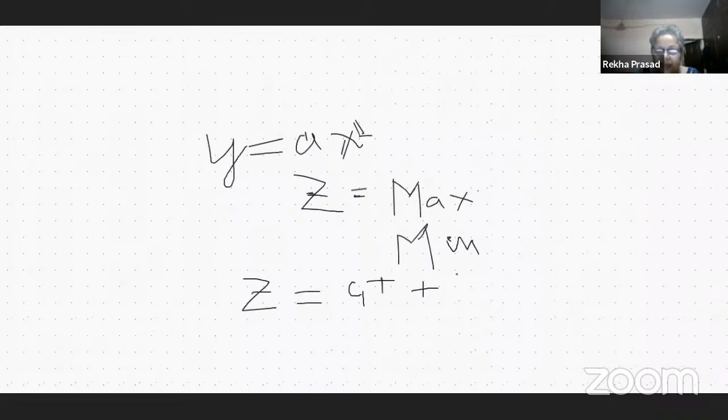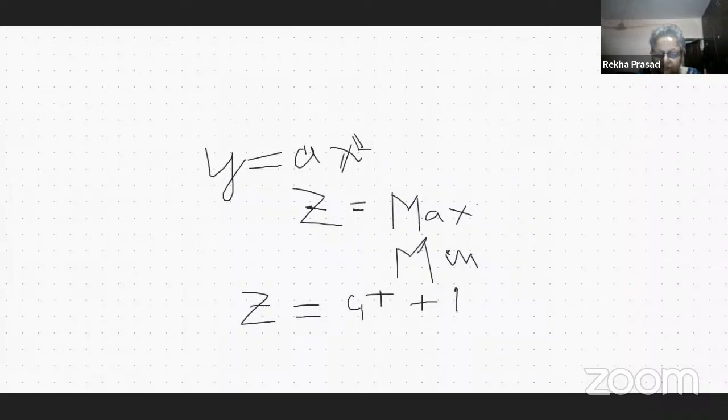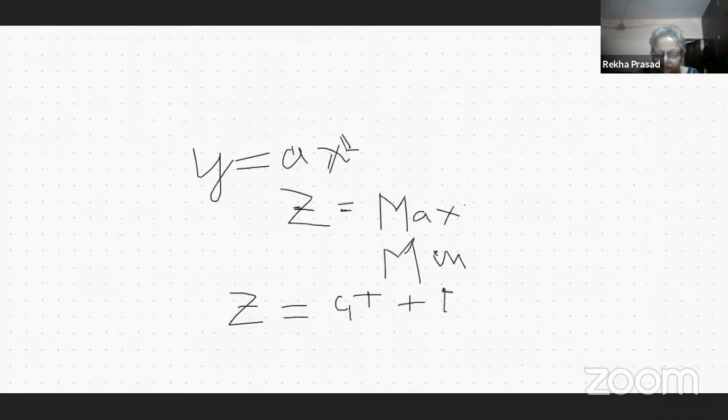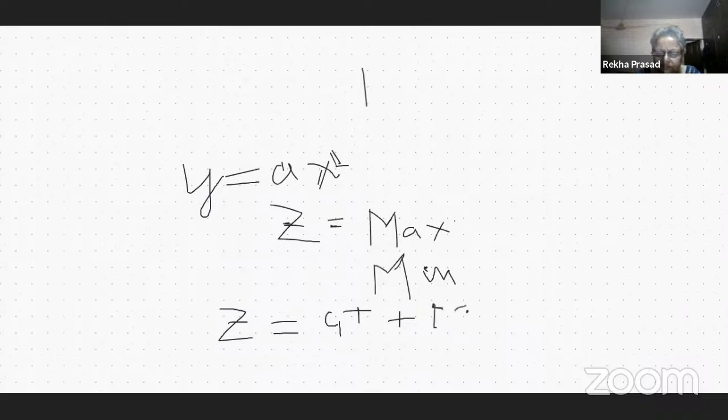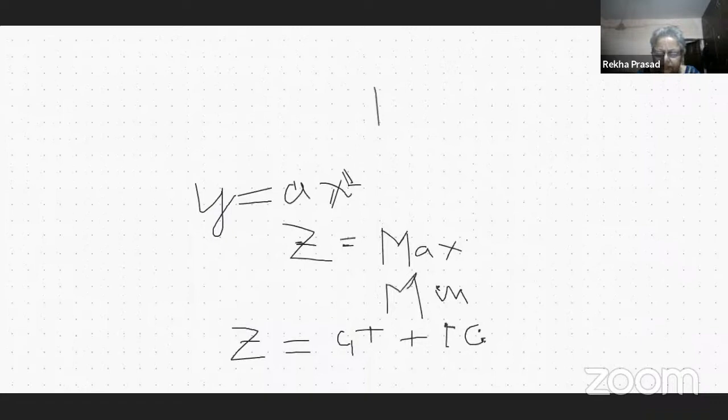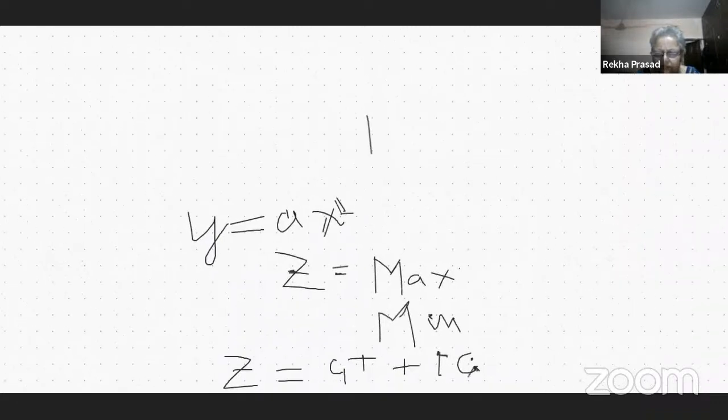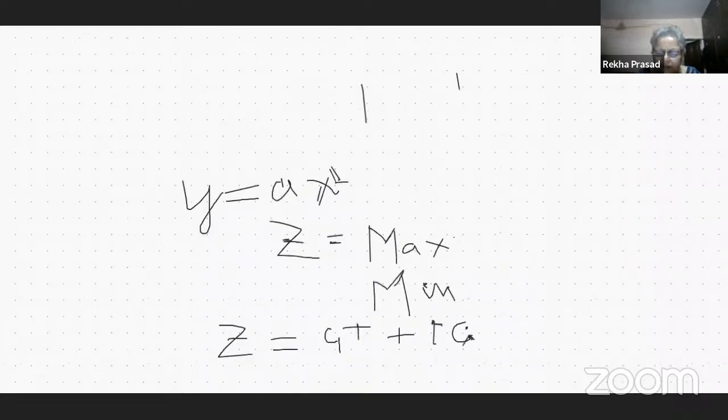And for each chair, a profit of C2. So my total profit is what?